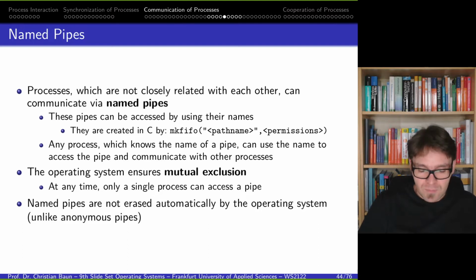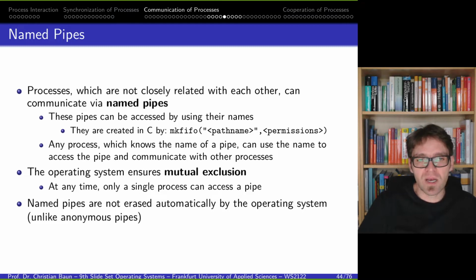So the named pipes are created basically more or less equal to local files. So we have the function call mkfifo, and we specify a file name, and if it is required, also together with path information and some access permission specification.